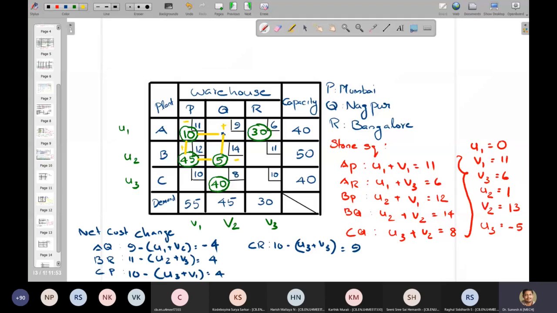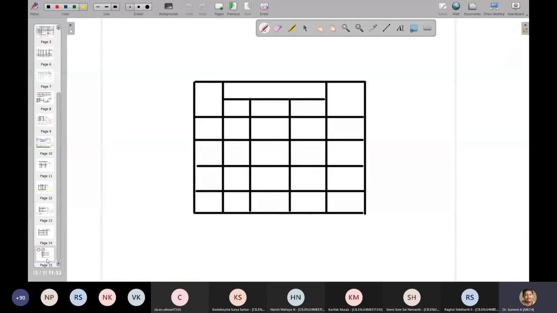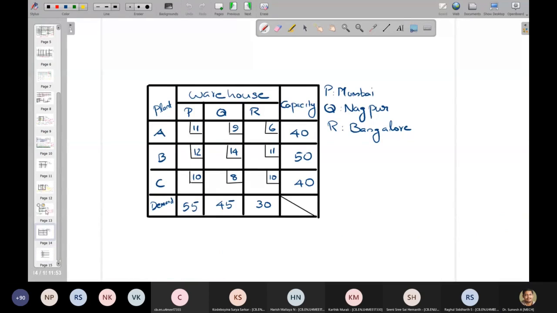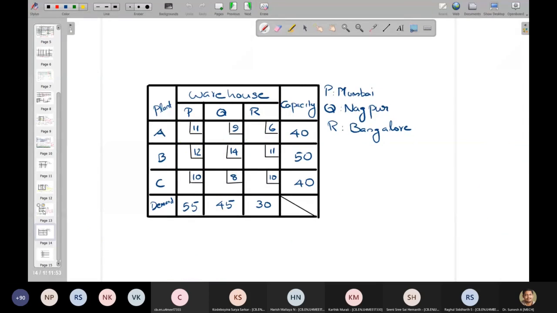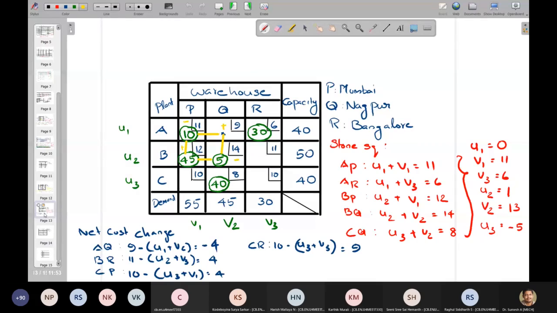So tell me the new values. AP becomes 5.